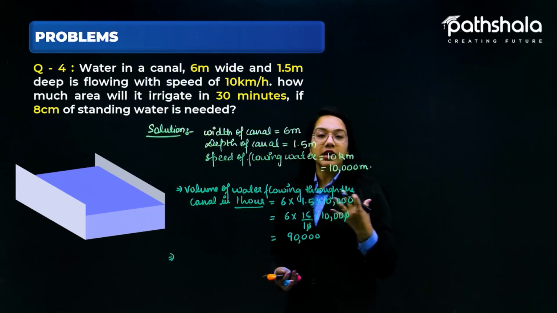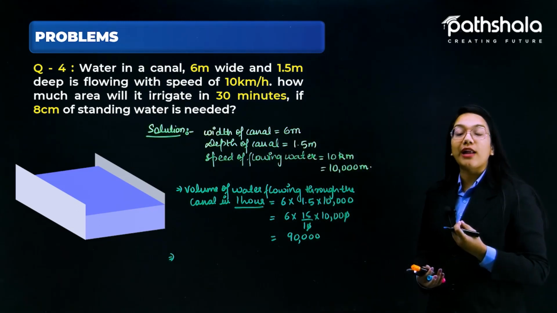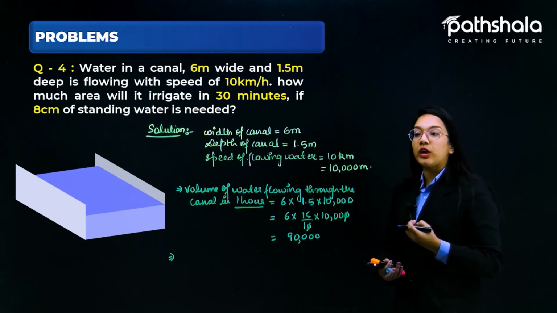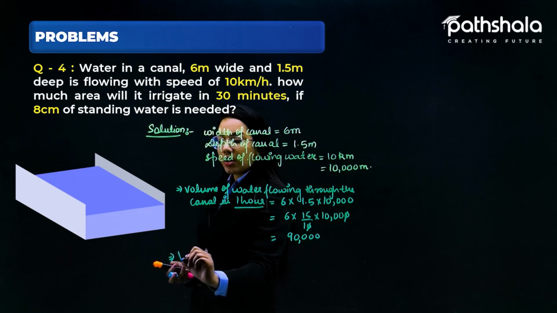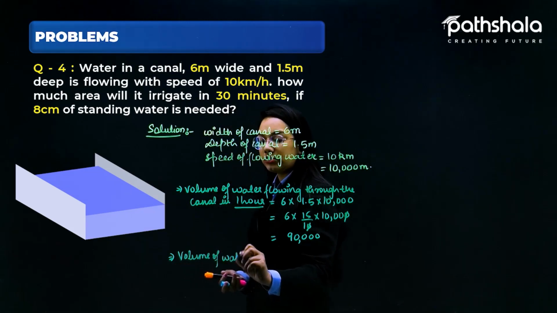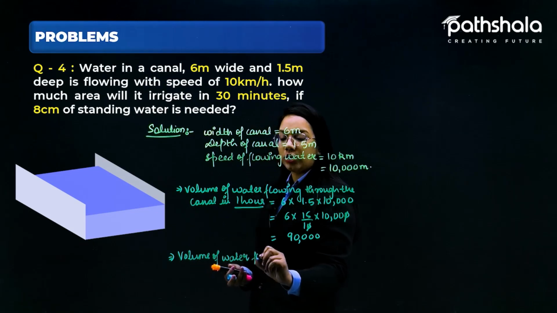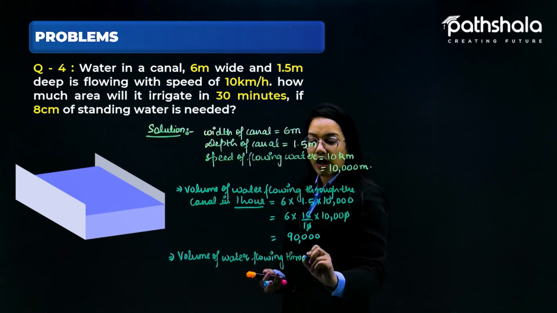The question is about how much area will be irrigated in 30 minutes, so we have to calculate the volume flowing through the canal in 30 minutes.